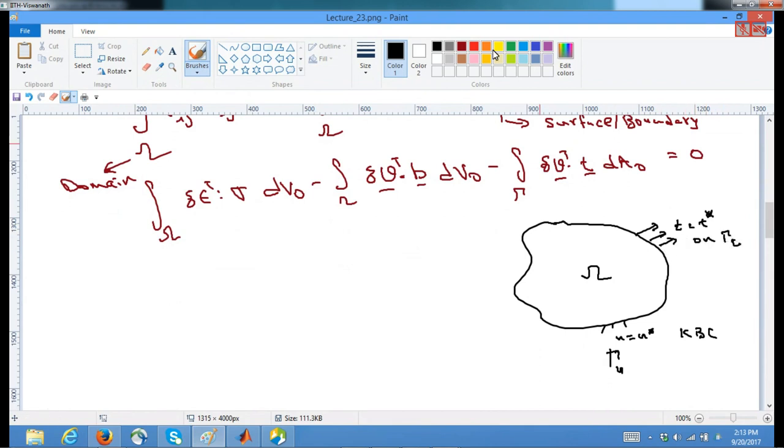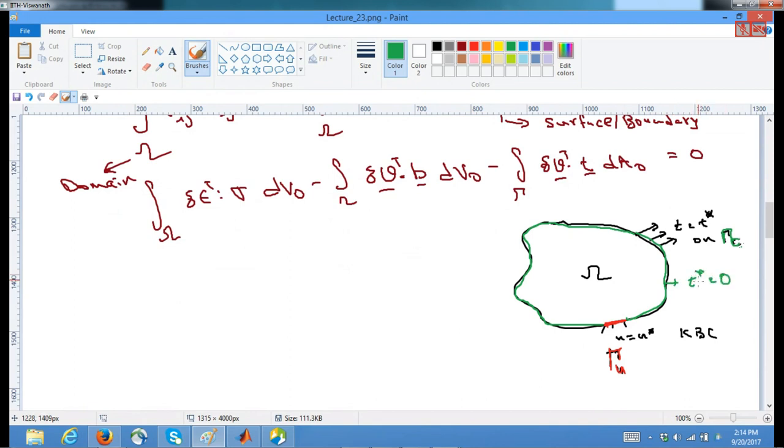I already showed that your gamma t is not only this, but also all these things is your gamma t, and your gamma u is this piece of it. So this is gamma u, and this is all gamma t, where at this place my t star is only 0.